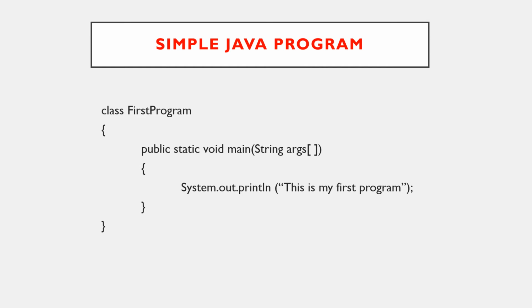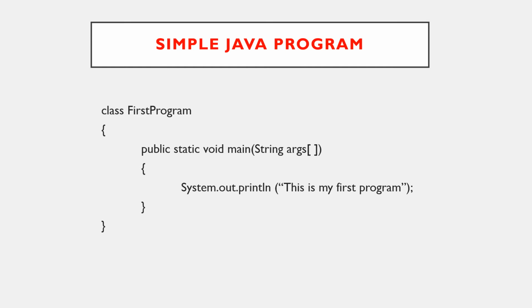The file name must be FirstProgram.java, which is equivalent to the class name containing the main method. Java is case sensitive, so this program defines a class called FirstProgram.